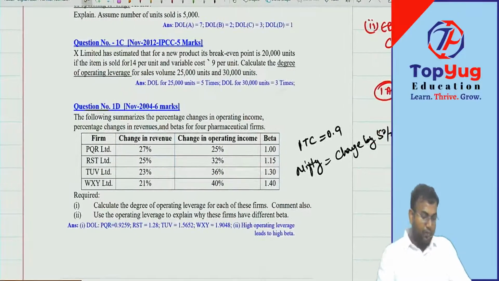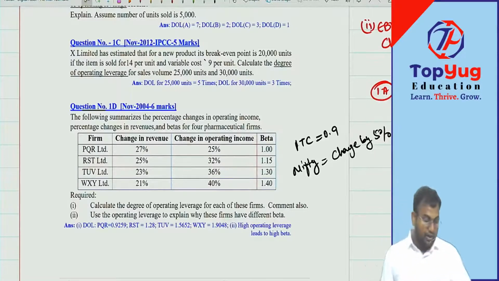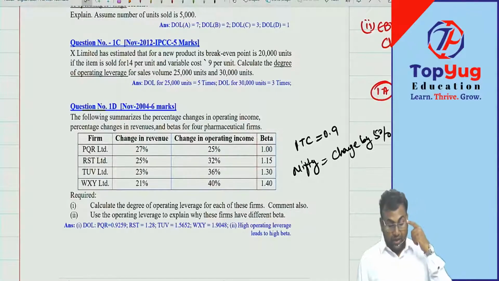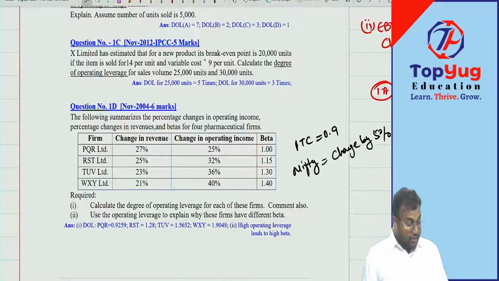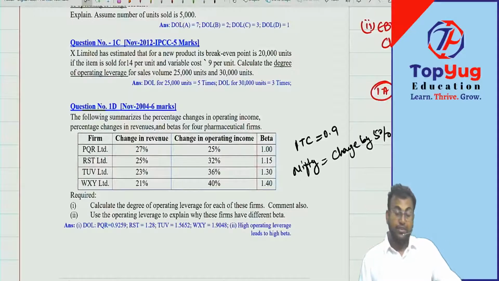Let us now look at problem number 1D. What does it say? The following summarizes the percentage change in operating income, percentage change in revenue, and betas of the four pharmaceutical firms: PQR, RST, TUV, WXY. Percentage change in revenue is 27%, 25%, 23%, 21%.